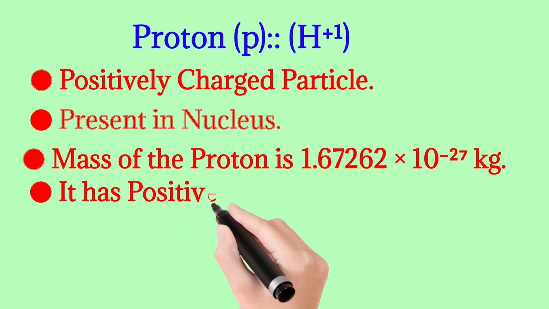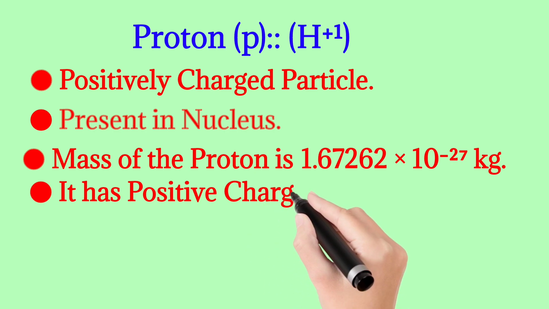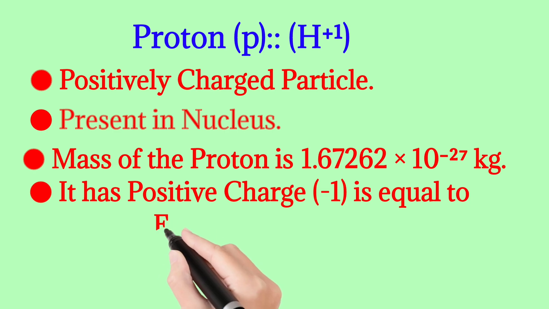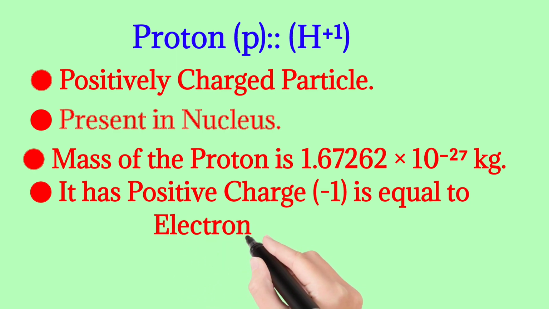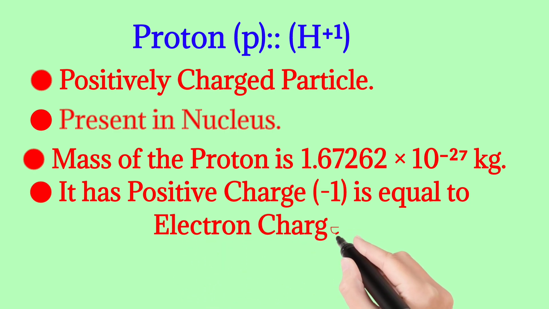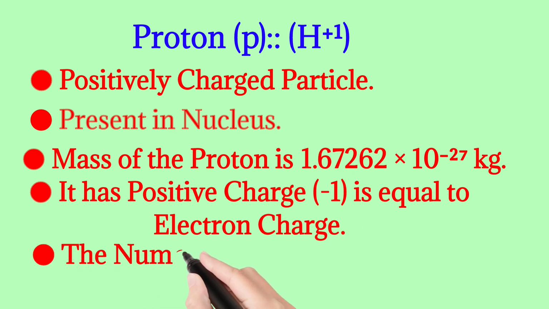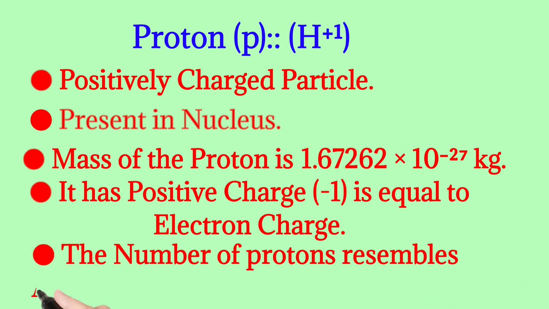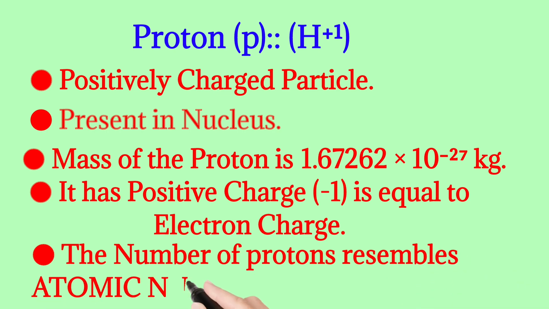It has positive charge, equal in magnitude to the electron's charge, but positive, whereas the electron has negative charge. The number of protons shows the atomic number of the element.